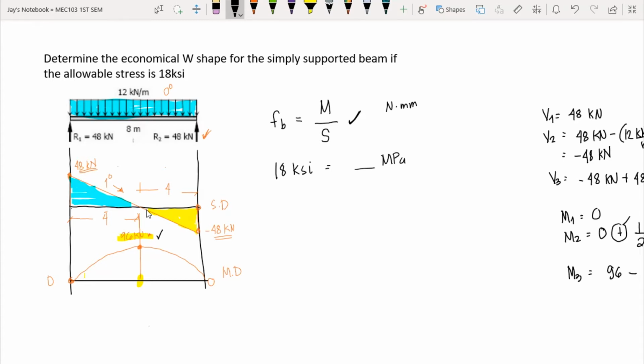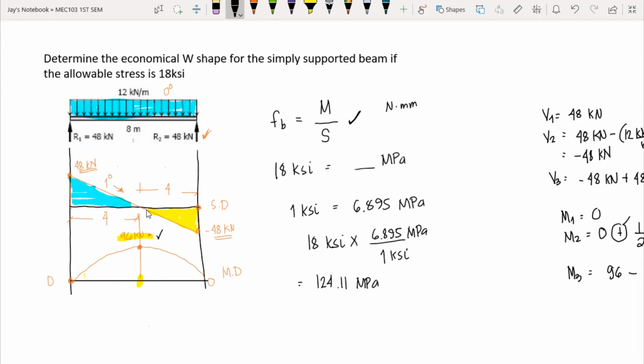Now we have a conversion that 1 KSI is equal to 6.895 megapascal. So to convert this one, 18 KSI times 6.895 megapascal gives us 124.11 megapascal.